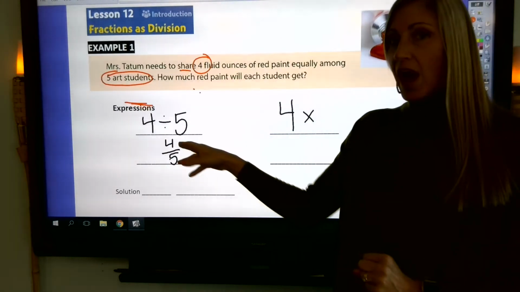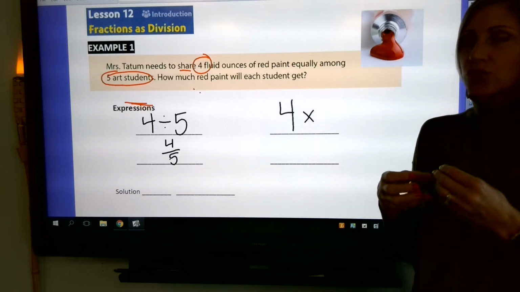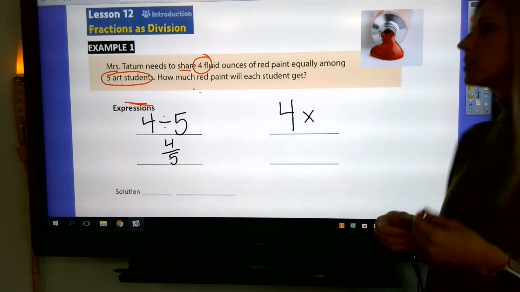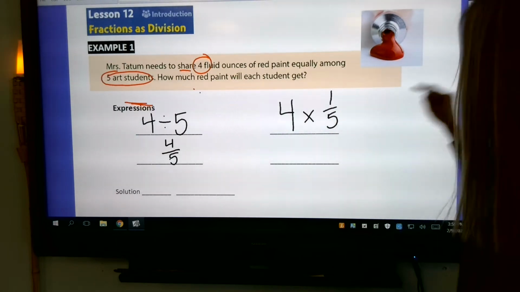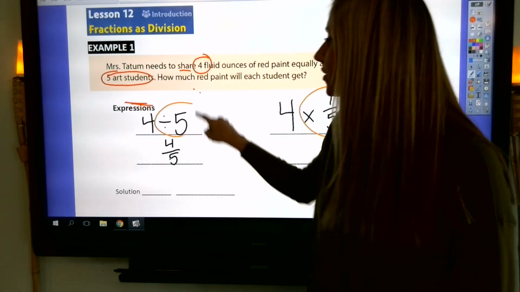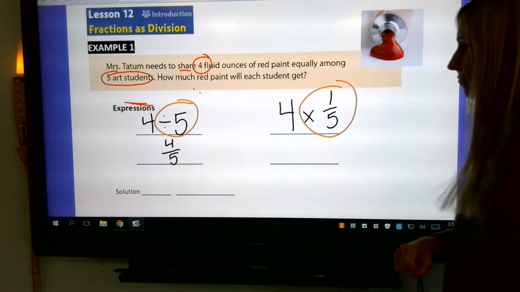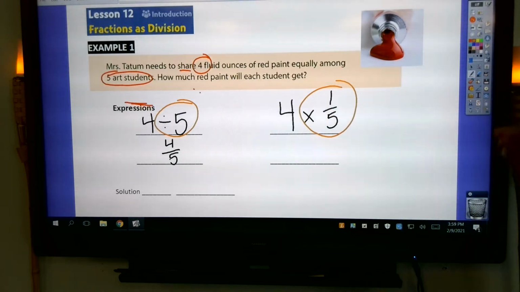And the inverse of 5, well, if I'm taking 5 and I'm making groups of 5, how much is each group going to get of 5? It's going to get 1 of 5. So that's 1/5. So do you see how those are opposites of each other? Okay. So every division problem can also be multiplication.